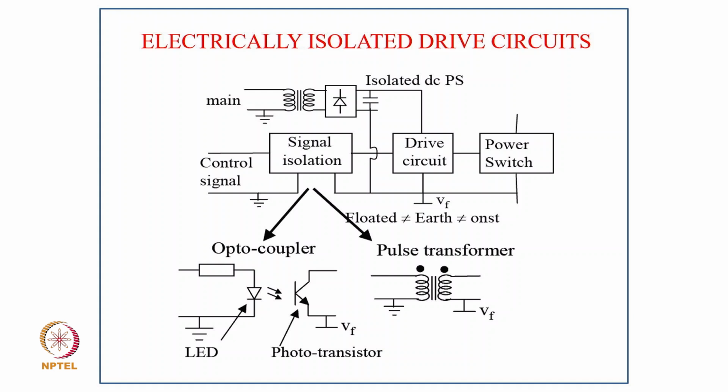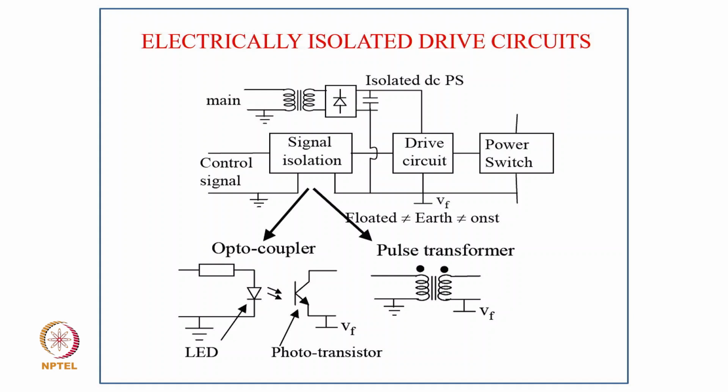Typically, you have two options for the purpose of isolation. One is an optocoupler, which is normally preferred for level based devices like MOSFET, BJT or IGBT. Another is pulse isolation by a pulse transformer, which is normally preferred for pulse triggered devices.